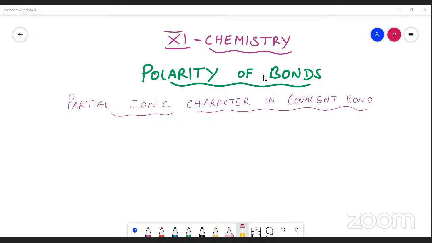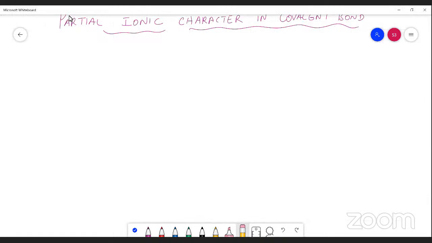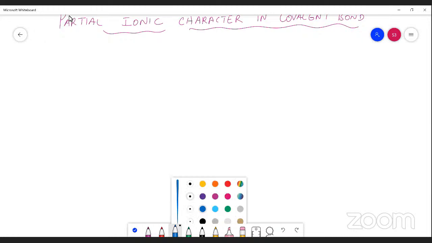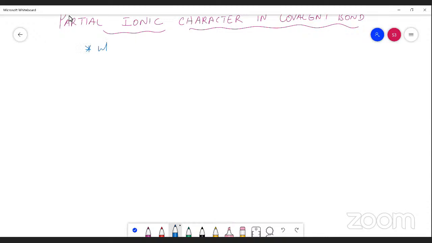When a covalent bond is formed between two identical atoms, for example, hydrogen.